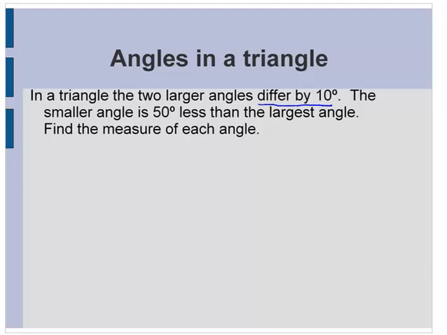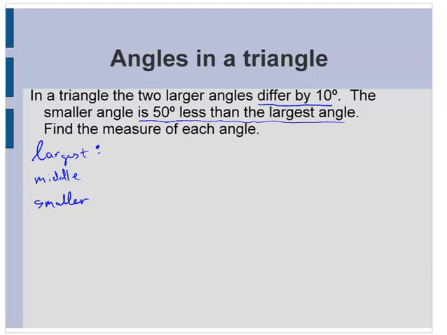So if I say that there's the largest, there's the middle angle, and then there's the smaller angle. The two larger angles differ by 10, and the smaller angle is 50 degrees less than the largest angle.